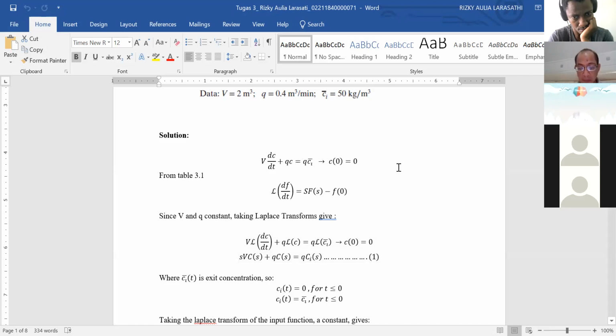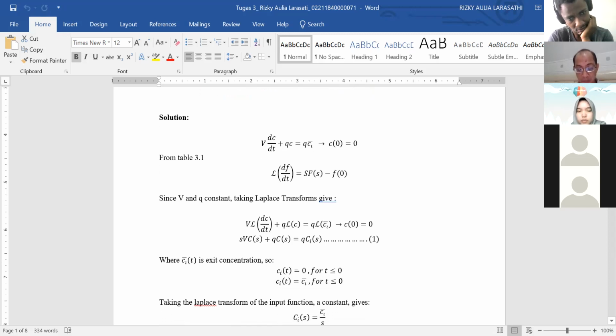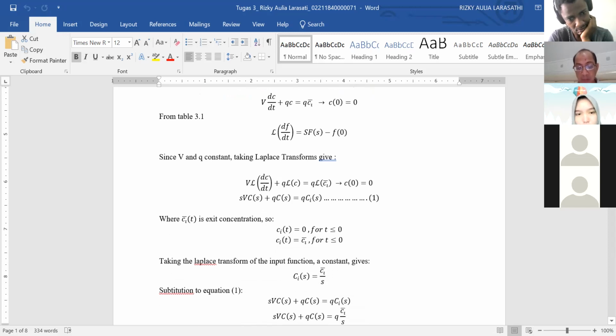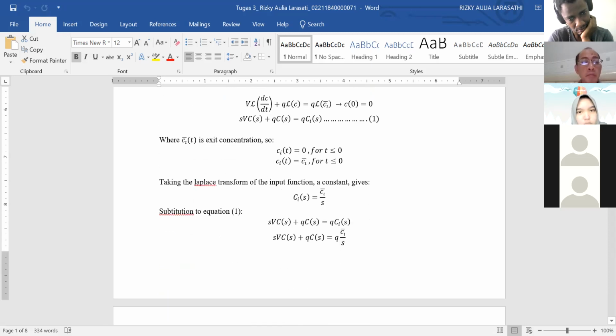In the question, known that C(t) is the exit concentration, so there is a requirement that C(t) equals 0 for t less than 0, and C_e(t) equals C_e for t greater than 0. Taking the Laplace transform of the input function, a constant, gives C_e(s) equals C_e per s.